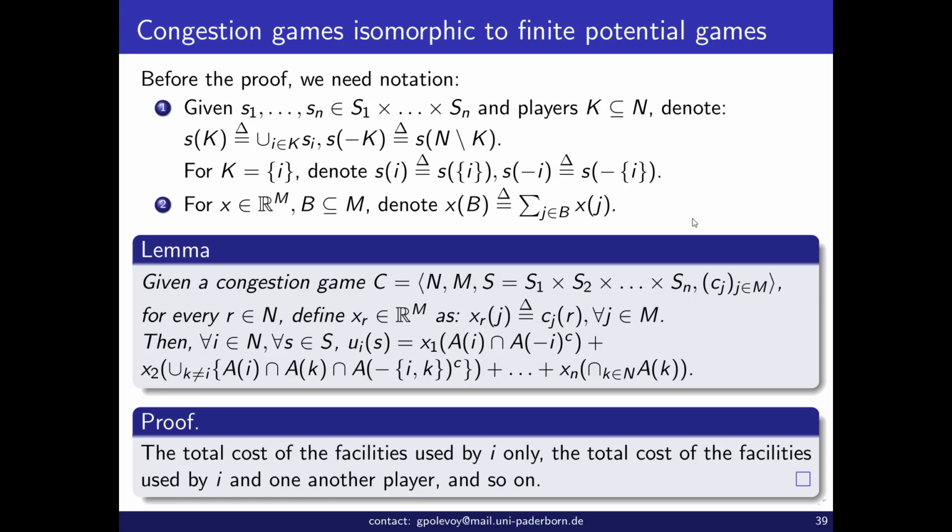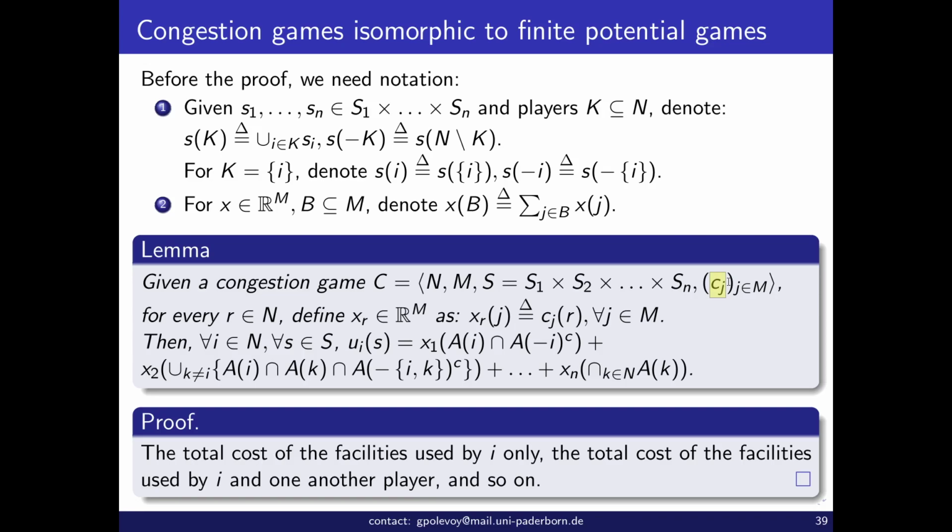That's pretty much a reformulation, but it's a very nice reformulation. So given the congestion game, which has players N, facilities M, strategies S, and cost C, for any real number R. No, my apologies, it's not natural, of course. Natural would have two lines.